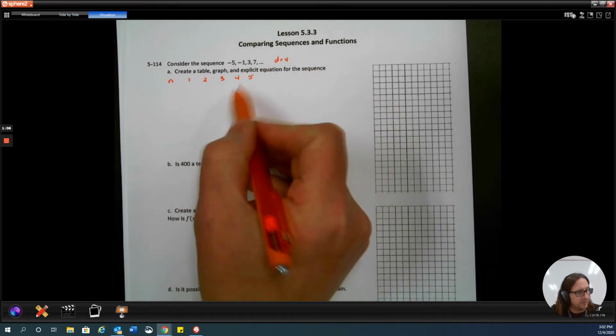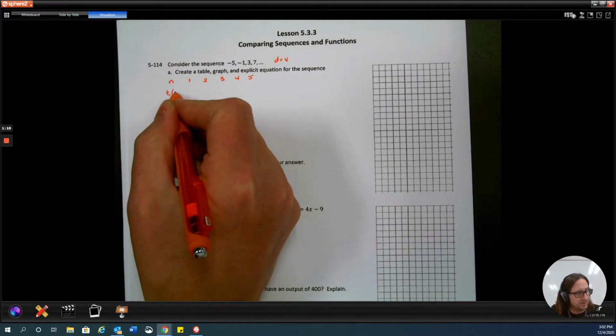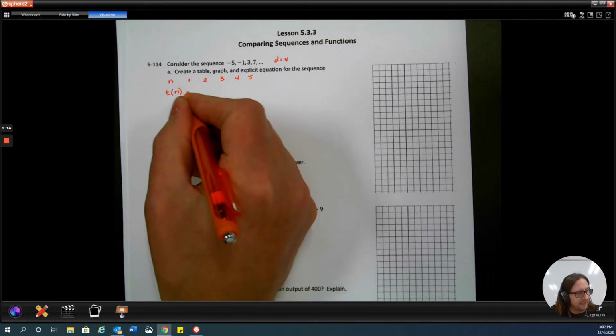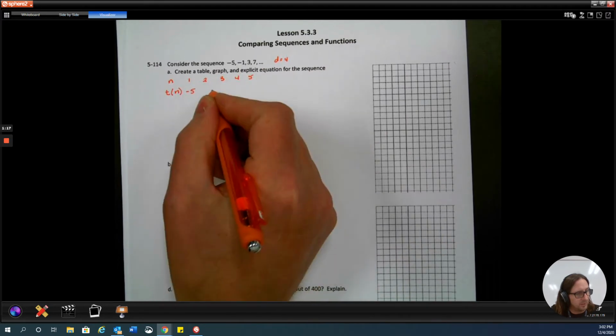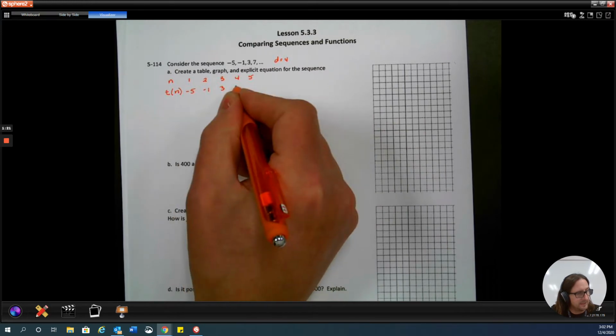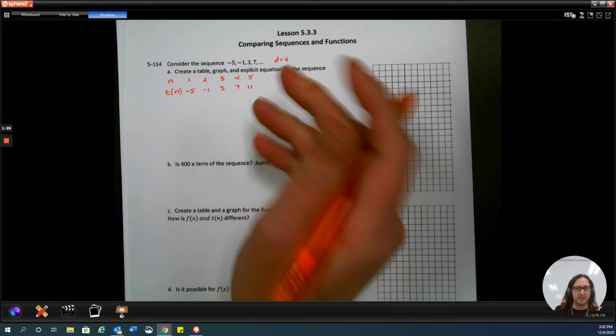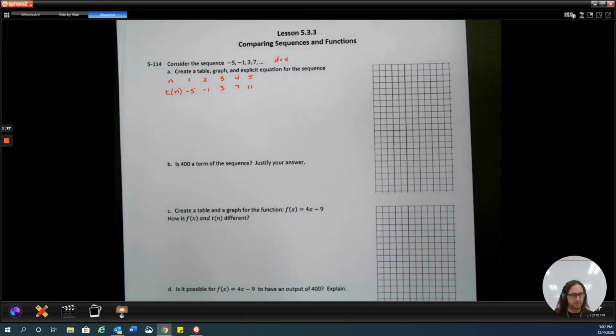So in this sequence, our first term, t of 1, would end up being -5, then -1, because we're adding 4, and then 3, then 7, and then finally we'd get 11, and of course it goes on forever and ever. So there's my table. Now we need to do a graph for it.